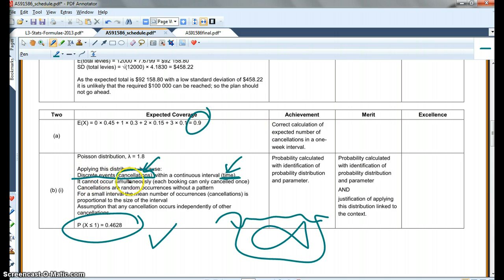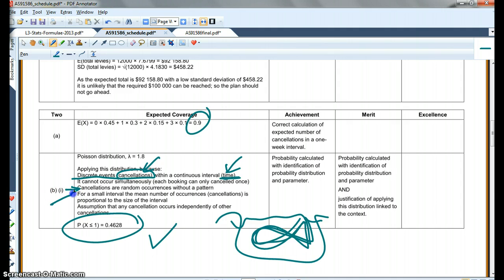It cannot occur simultaneously. Each booking can only be cancelled once. That's like 2 fish can't take up the same space. Cancellations are random occurrences without a pattern. Okay? These are the conditions you need to learn off by heart. Cancellations is just like your discrete event, like your fish. We can't tell where it's going to be in the water.